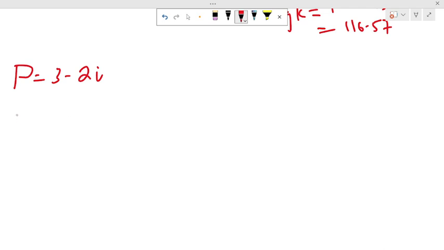So the modulus of p is equal to root of 3 squared plus 2 squared. Then we get our final answer to be root of 13 for the modulus.